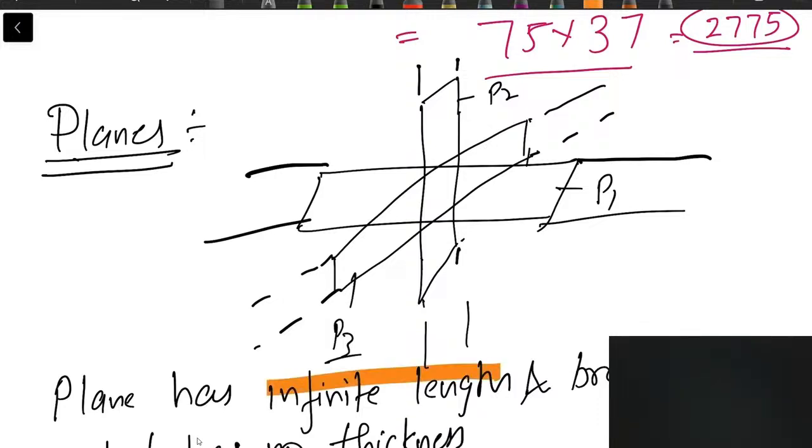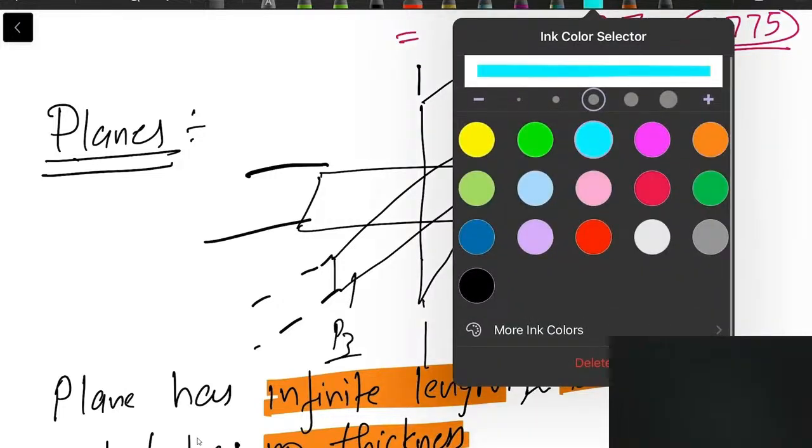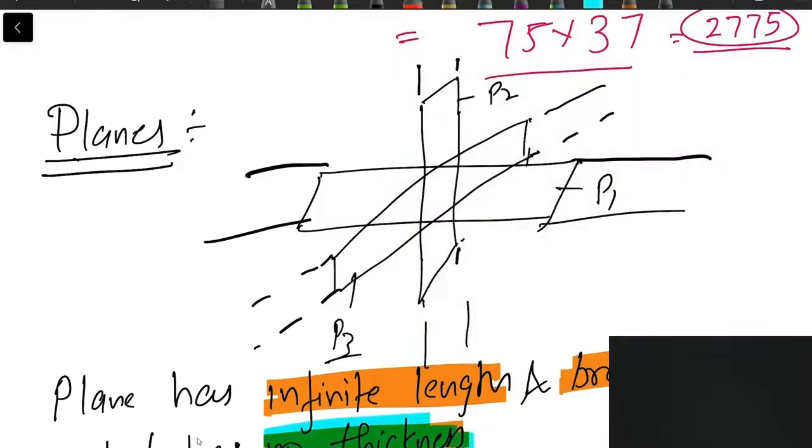What it means is a plane has infinite length and breadth but has no thickness. Got it? What we said: it has no thickness.